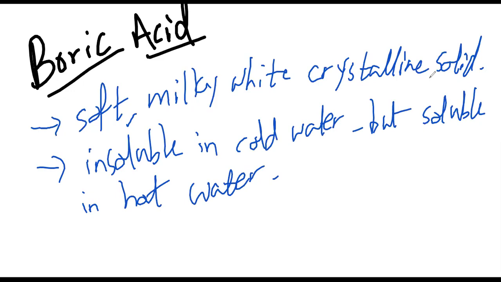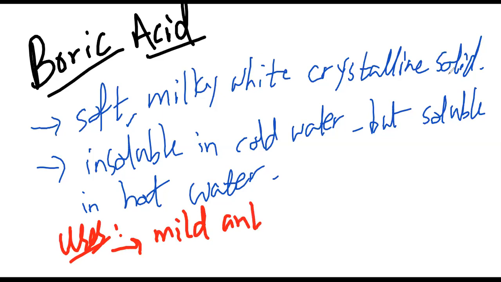You don't have to remember its preparation. I'm only telling you its uses. Preparation equation means no need to remember this. Boric acid is being used as a mild antiseptic. Okay.